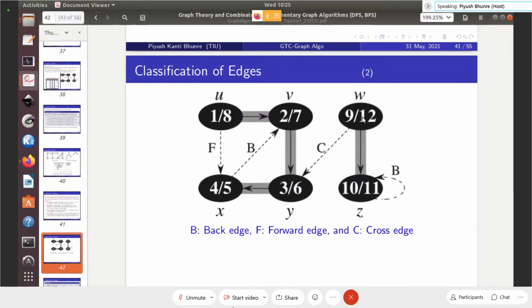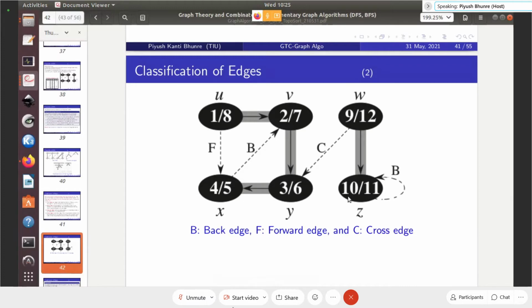Such an edge has neither a descendant nor an ancestor relationship, so basically such edges are called cross edges. And there is a self loop over here, z to z, which by convention we say is a back edge, and all the shaded edges are tree edges.